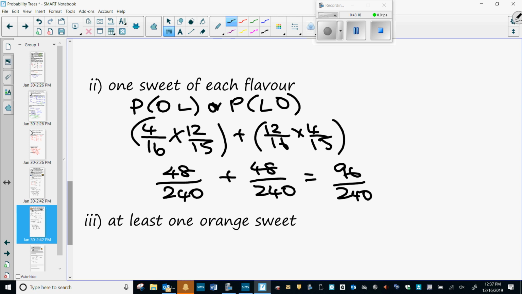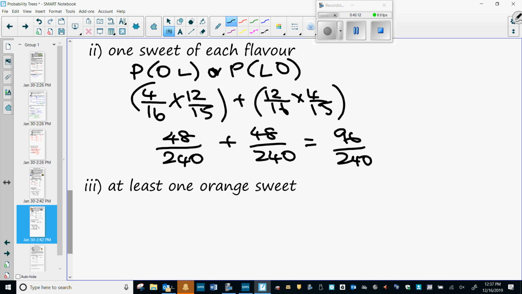At least one orange sweet. So this is one of those situations where we've got 3 options. Now, do we want to find all 3 options, or do we want to go the quick route? I prefer to go the quick route. So at least one orange means that it's 1 subtract the probability of lemon, lemon, because all other 3 options have at least 1 orange.